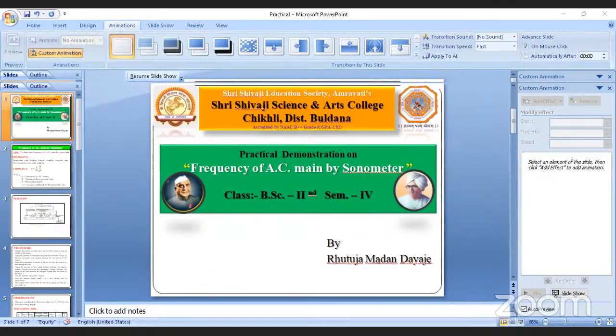You are, but the screen is not in presentation mode. Sir, make slideshow, sir. Press F5. Sir, is the screen visible now? Okay, continue. Try to do the slideshow if you can.